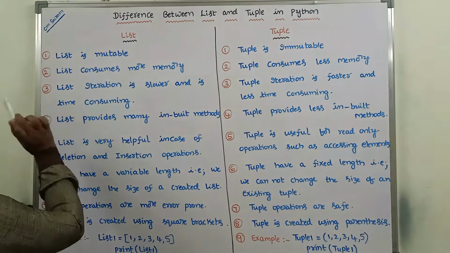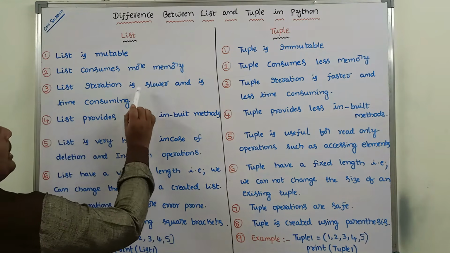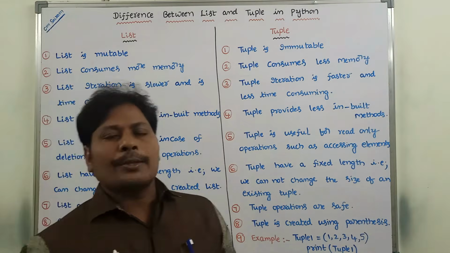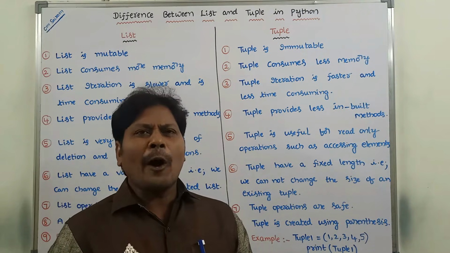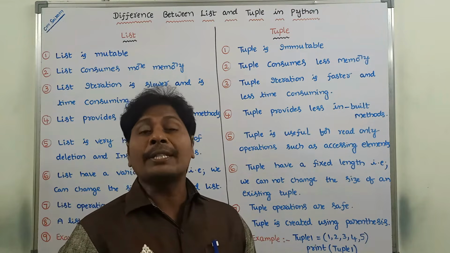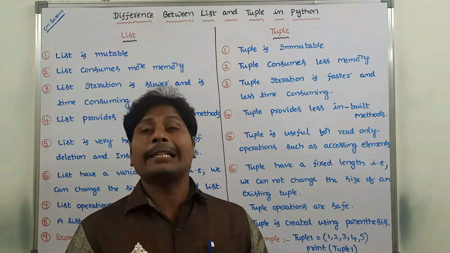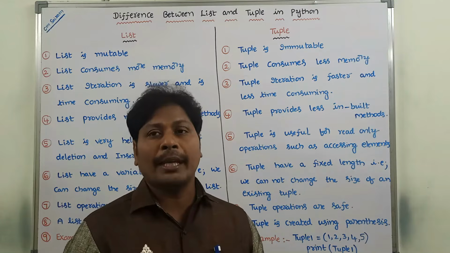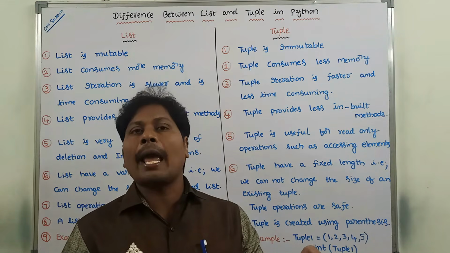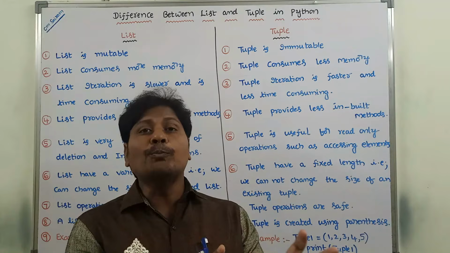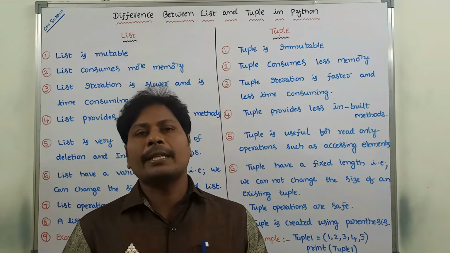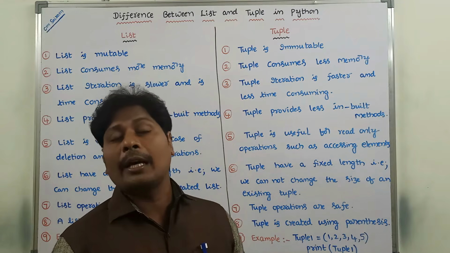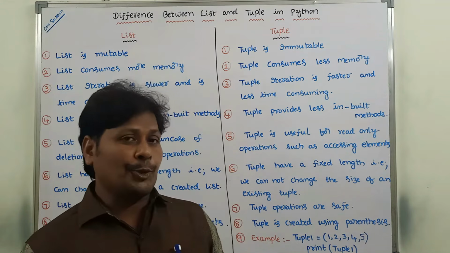Next one, third point, list iteration is slower and time consuming. To perform iteration on the elements of the list, it takes more time because the elements are accessed from 2 blocks. Because of that reason, we can say that list iteration is slower and time consuming.